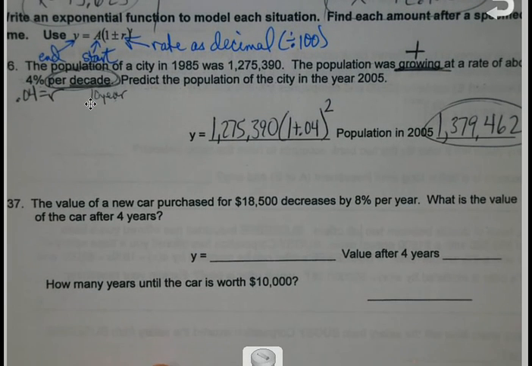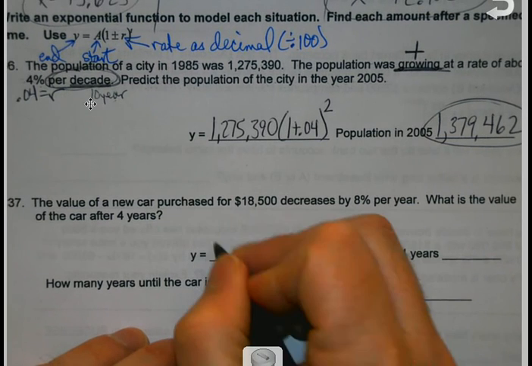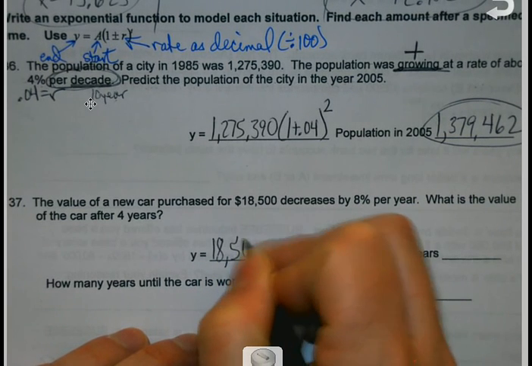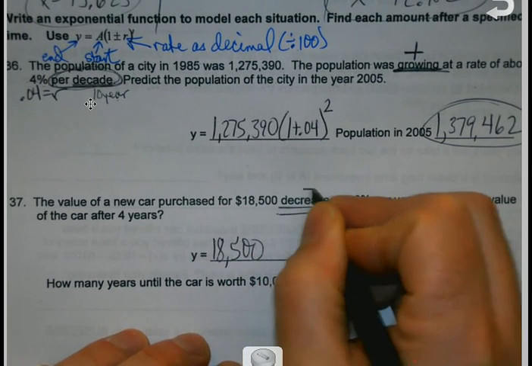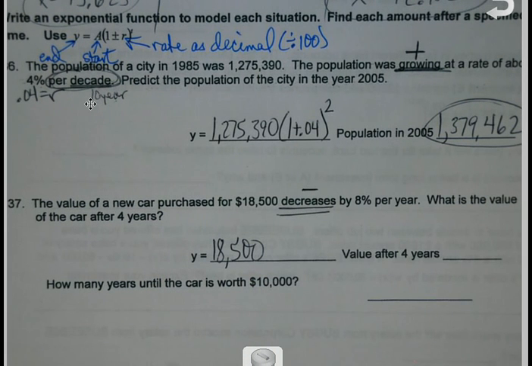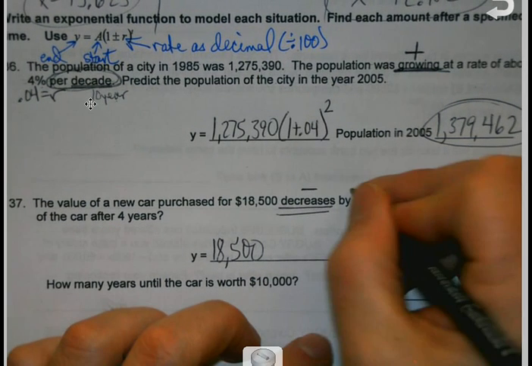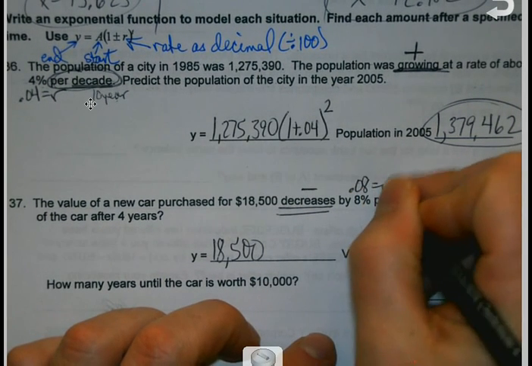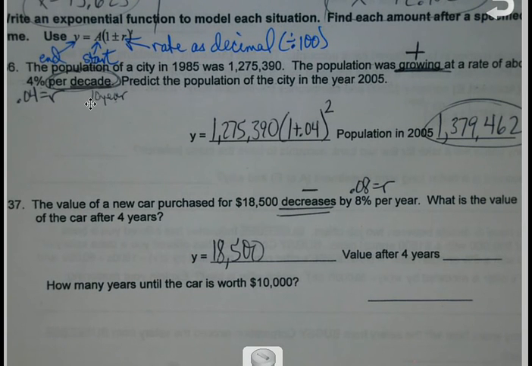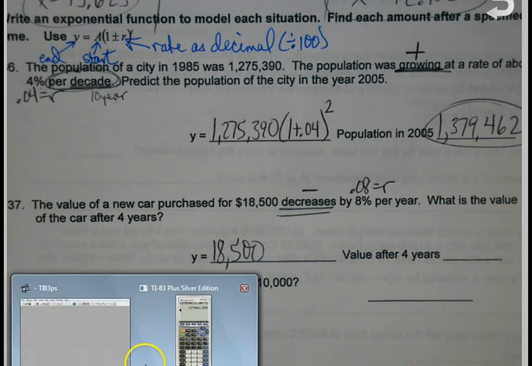All right. 37. The value of a new car purchased for $18,500, there's my A, decreases, minus, by 8% per year. What's the value of the car after 4 years? But I also notice when I look down below, how many years until it's worth $10,000? So I have a what if question.